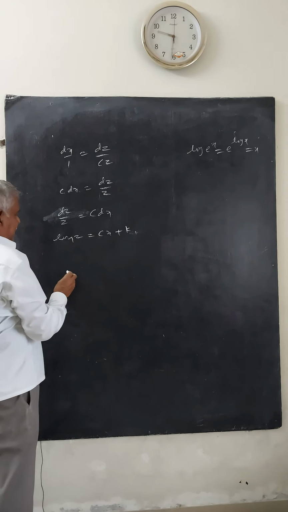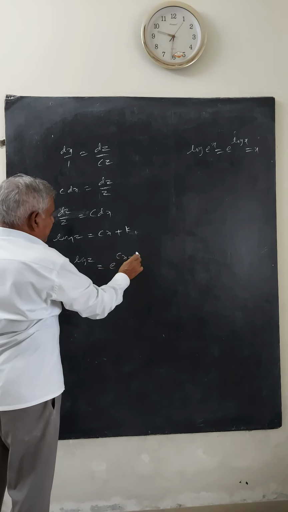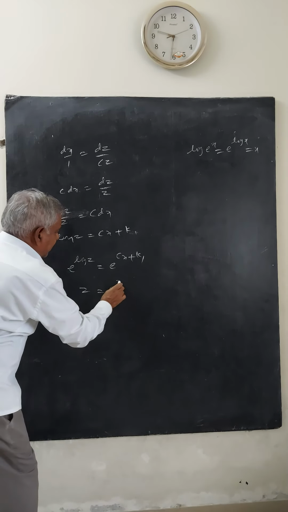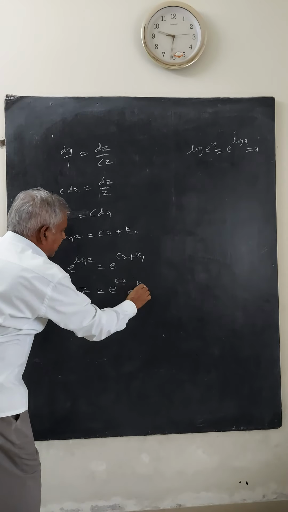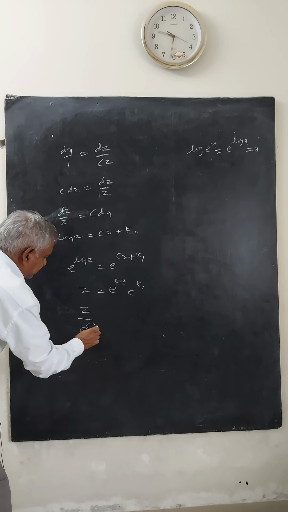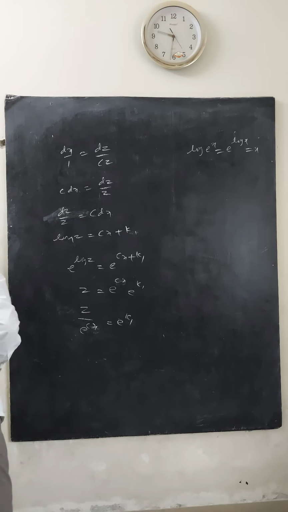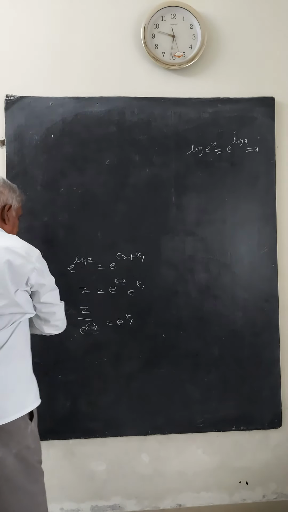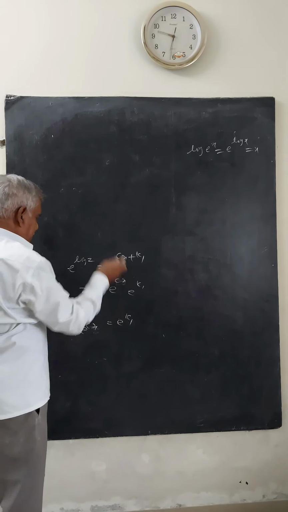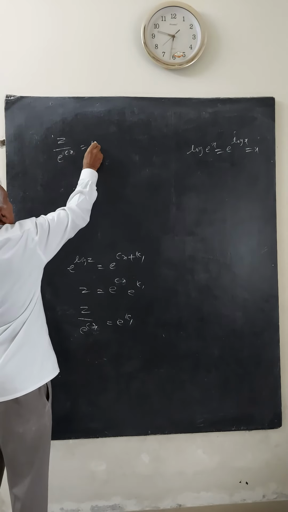Raising to exponential form like this, e power log z equal to e power cx plus k1. z equal to e power cx e power k1, separated into 2. z by e power cx equal to e power k1. This is a constant. It can be changed as another constant c2. z by e power cx equal to c2.